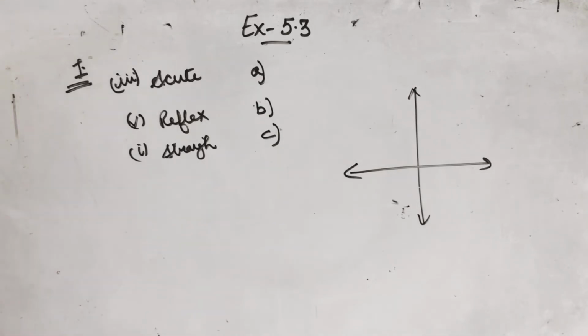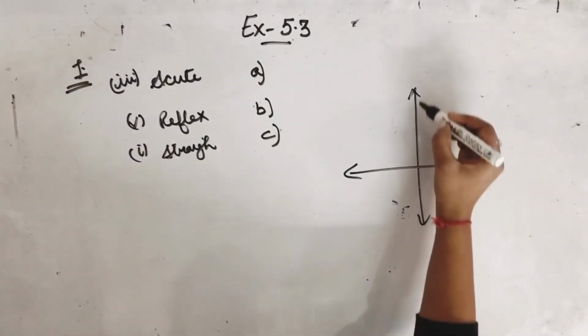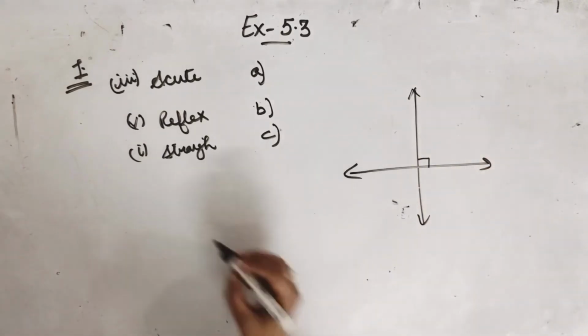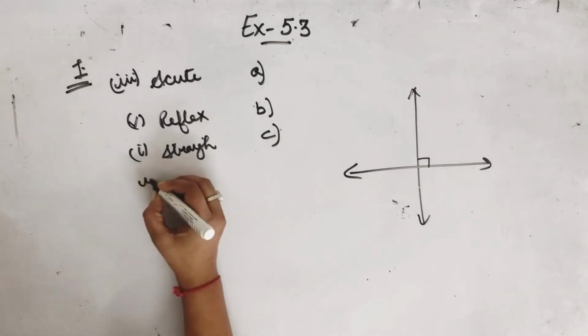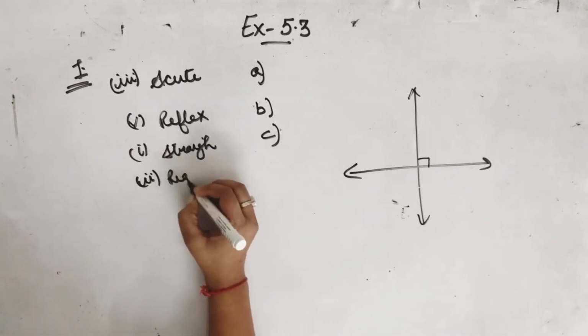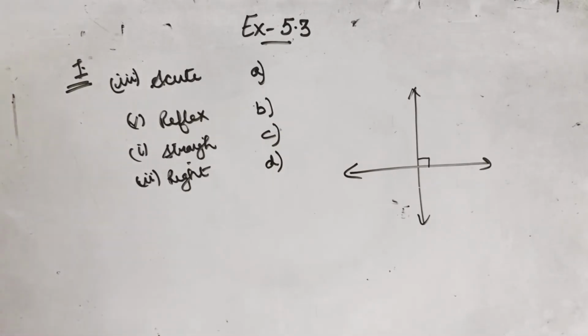D is 1/4 a revolution. 1/4 of a revolution is this one part and this is of 90 degree. So 1/4 of a revolution is right angle. Right angle will go with D part. E, between 1/4 and 1/2 of a revolution.